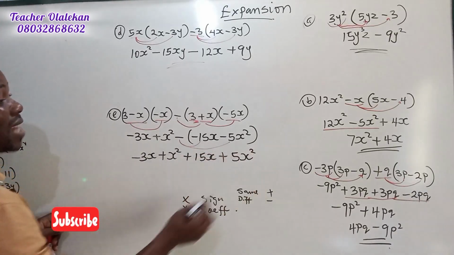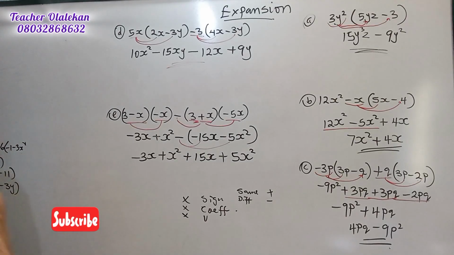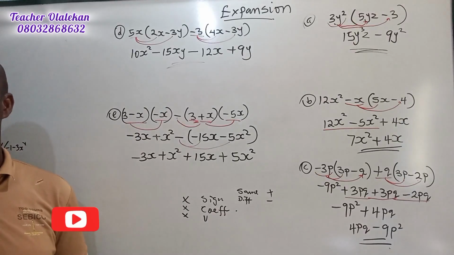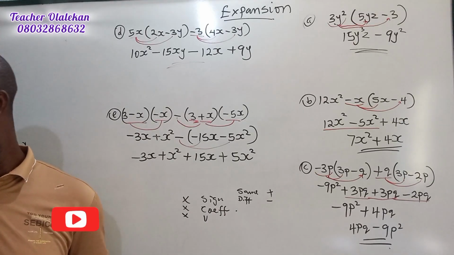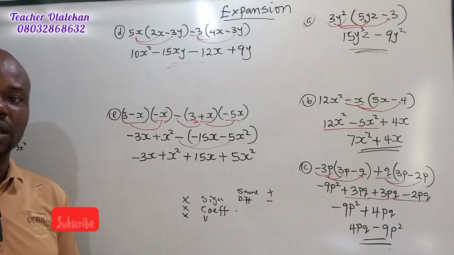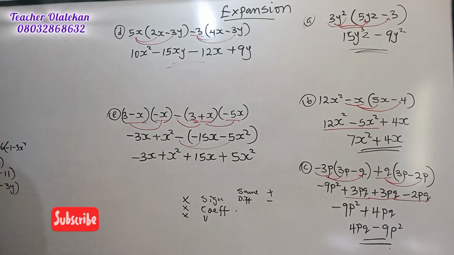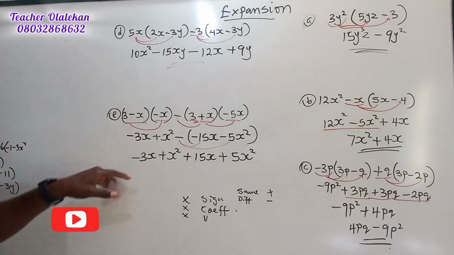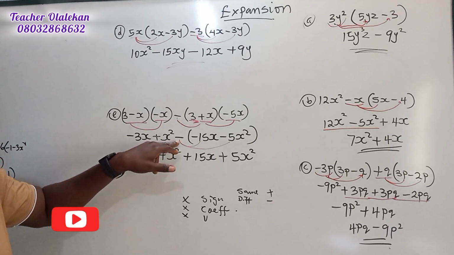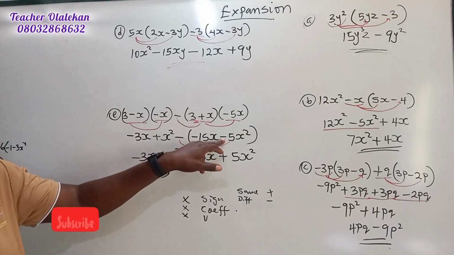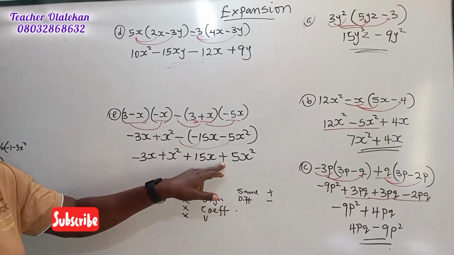So you see, signs are very important in algebra. If you lose your sign, you lose the algebra. You understand? So like we use this negative sign here now, you see that as we use it here, it turns it to positive.